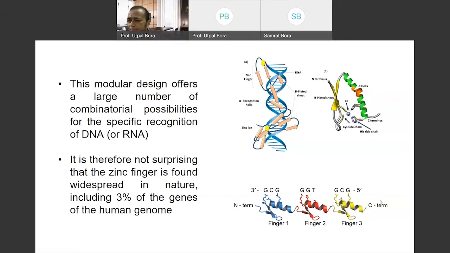Now, the residues of each zinc finger can recognize a triplet codon. So finger 1 can recognize GCG, finger 2 can recognize GGT, and finger 3 recognizes GCG. I just made it up so that you can understand the thing.